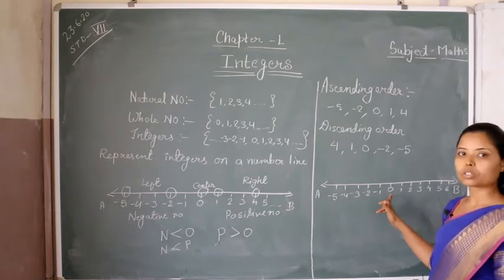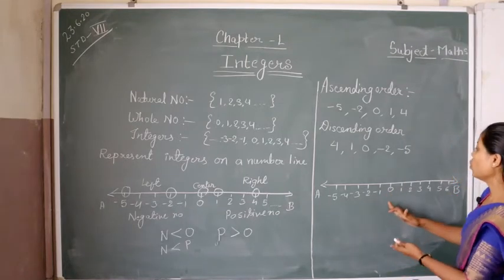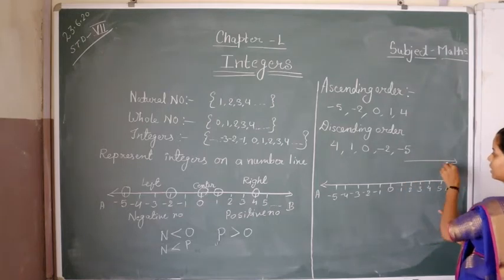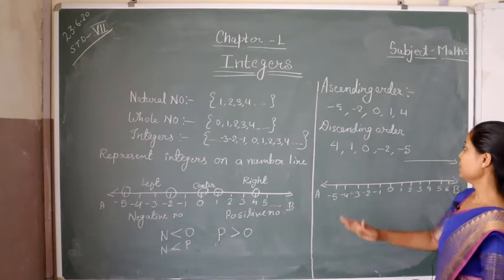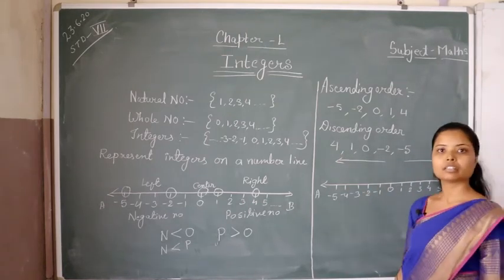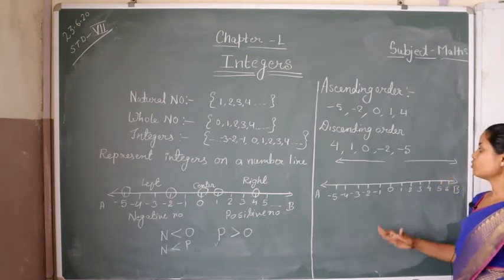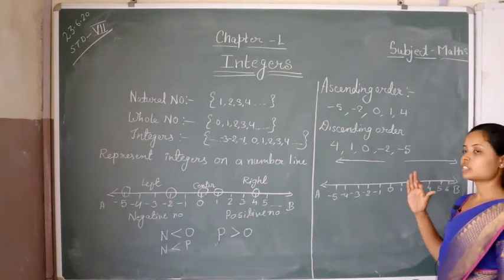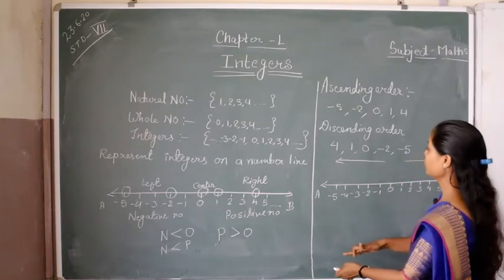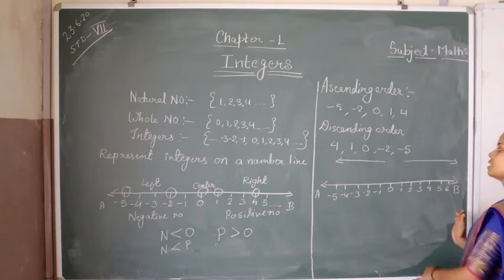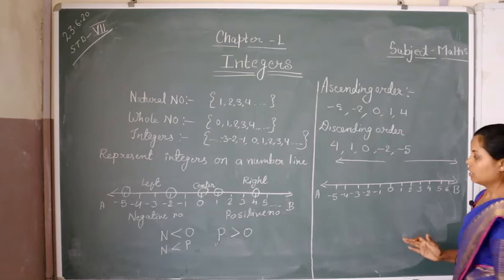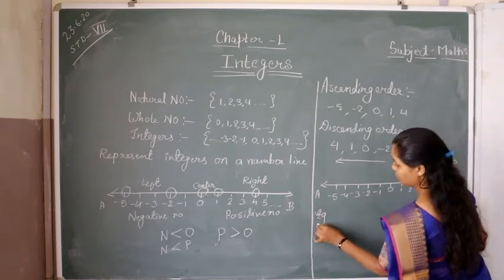When we add a positive integer, we go to the right hand side. And when we add a negative integer, we go to the left hand side. Similarly, when we subtract any positive integer, we go to the left hand side, and when we subtract any negative integer, then we go to the right side. We learn this by an example.